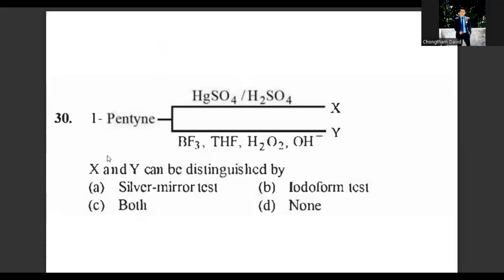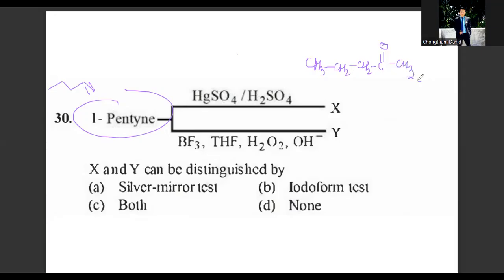30. 1-pentyne reacts with mercuric salt in the presence of acid. It gives X. So what is this X? X in the given compound, 1-pentyne: 1, 2, 3, 4, 5. This is 1-pentyne. When this 1-pentyne is made to react with sulfuric acid and mercuric sulfate, the product may be this.